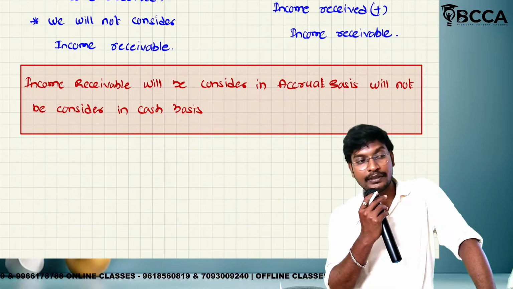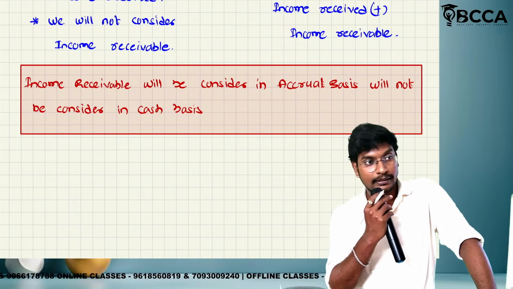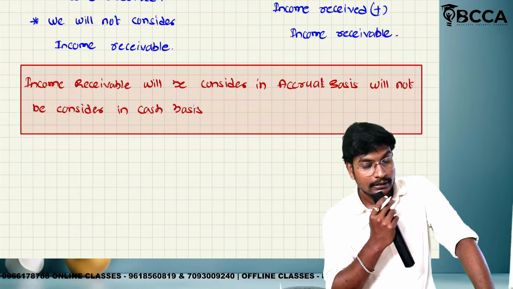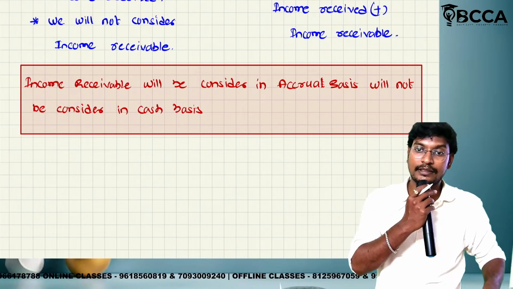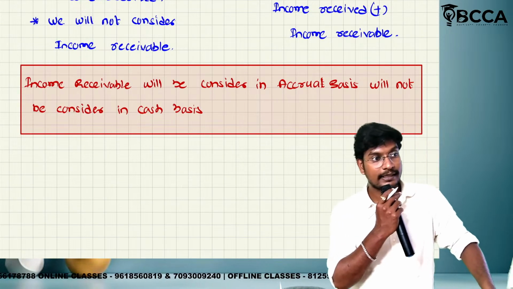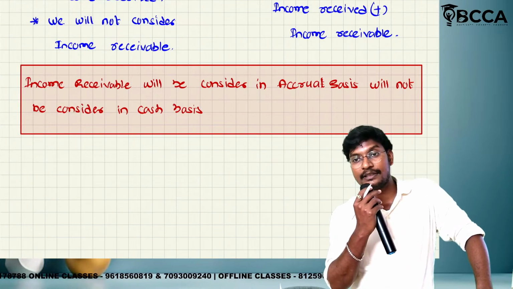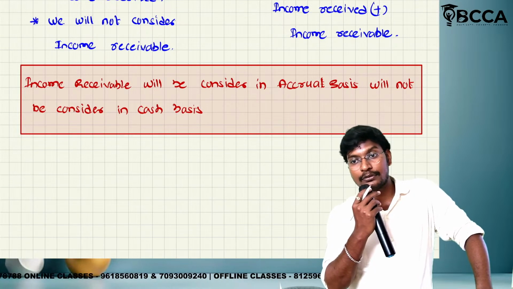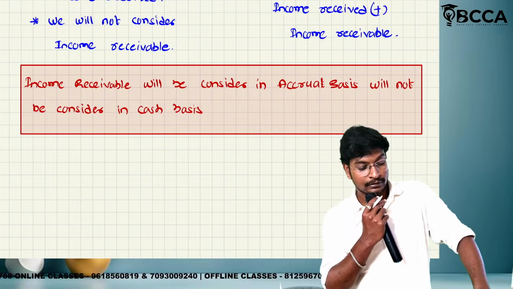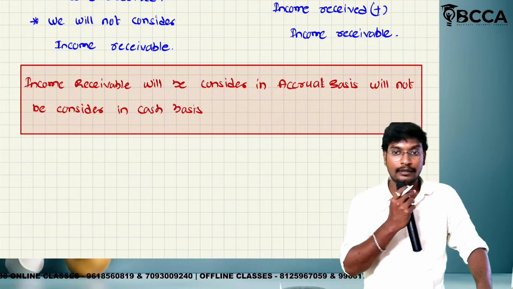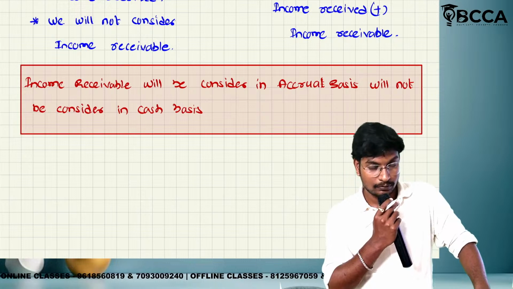What is the meaning of prepaid expenditure? Expenditure not related to the current year, but we have paid in the current year itself. It is related to the next year. What is the prepaid expenses entry? Prepaid expenses account debit to cash account. Next, income receivable. The income belongs to the current year, but we have not received it during the current year. What is the income receivable entry? Income receivable account debit to income account.